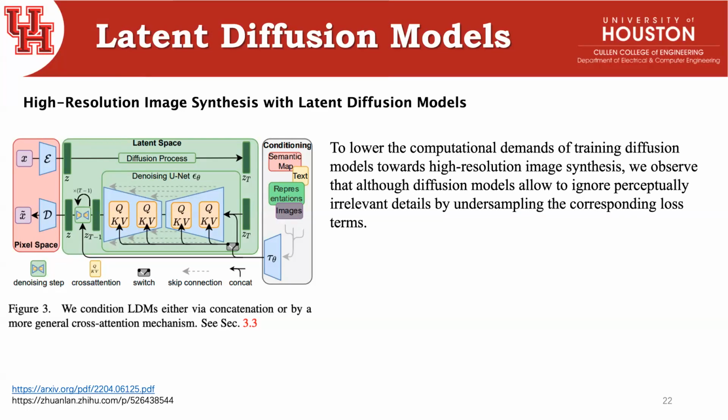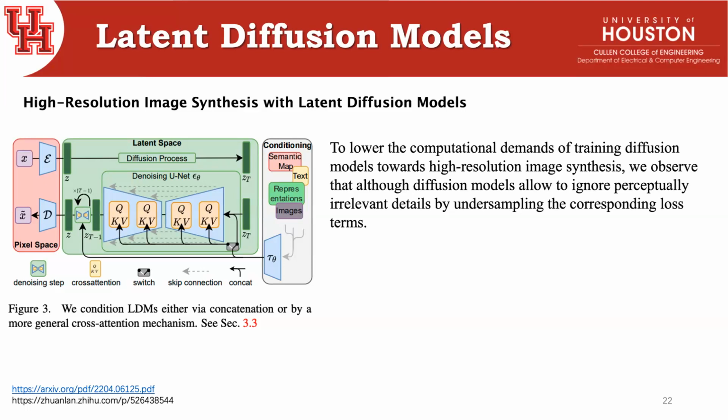But in latent diffusion models, they make the real picture into a smaller size. From X, they encode into a Z that is smaller than the real picture. And they use this Z to do the diffusion process and the denoising process.